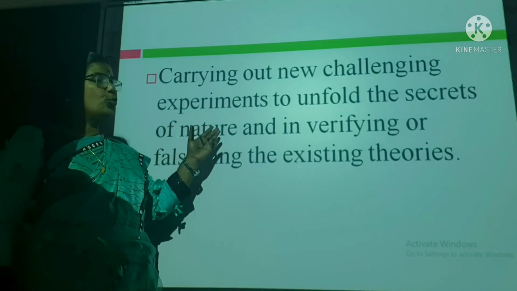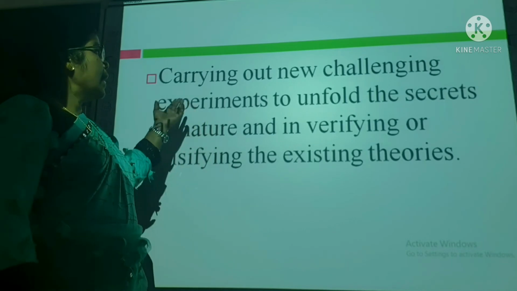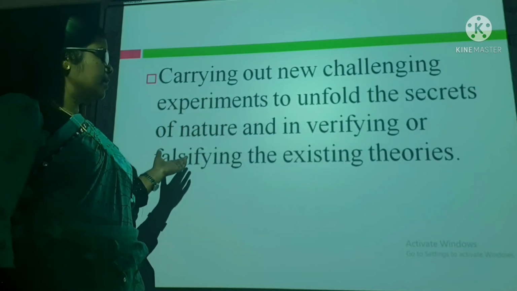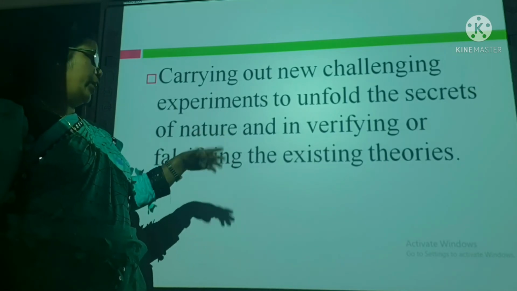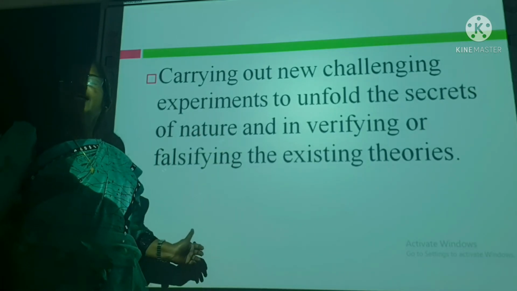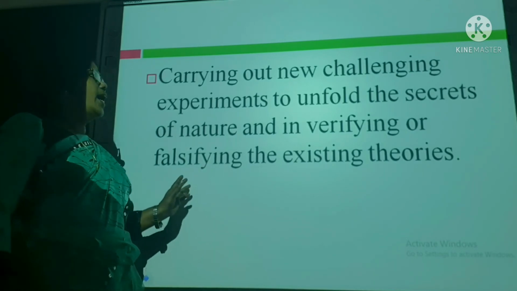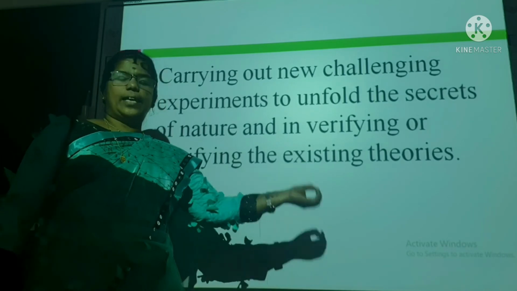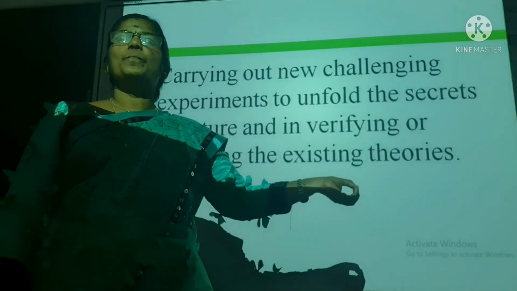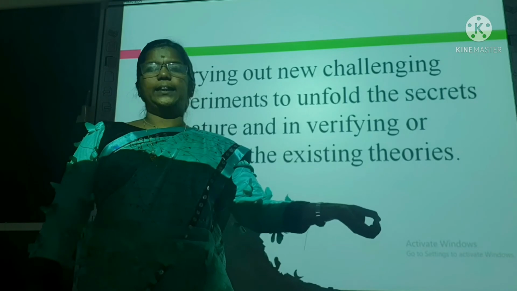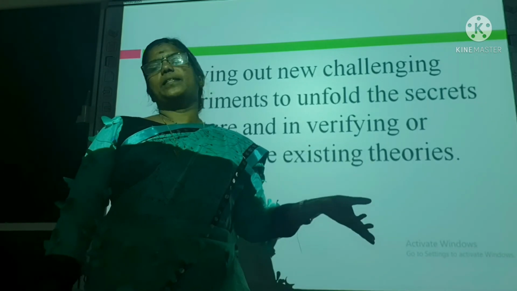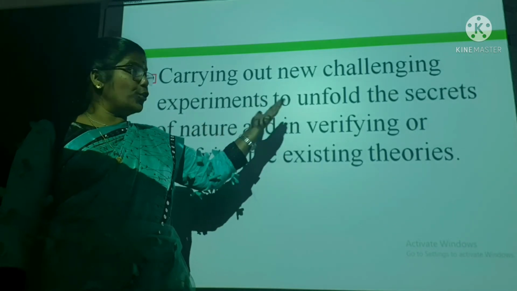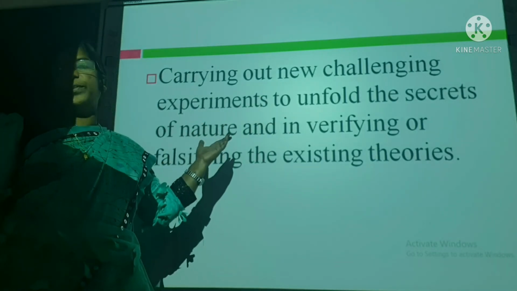These are the scopes of physics: carrying out new challenging experiments to unfold the secrets of nature, and verifying or falsifying the existing theories. We can have challenging experiments. Some scientists may predict this is so, and we can take it as a challenge and make experiments based on that, and that will unfold the secrets of nature.